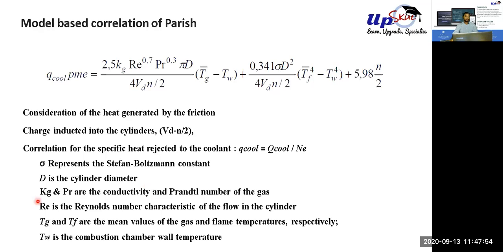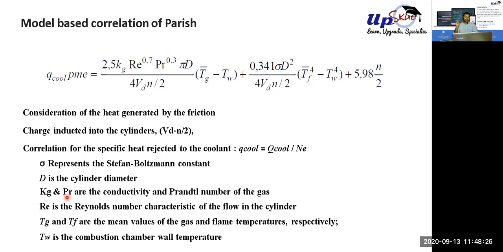We have kg and Pr, where kg is the thermal conductivity of the wall, and Pr is the Prandtl number. Whenever we have the Prandtl number, we are considering the convection part. So it is considering the convection from the cylinder wall to the inside of the jacket. Inside the cooling jacket we have water, right? So the Prandtl number shows that we are considering that also. The Reynolds number shows that we are considering the flow characteristics.